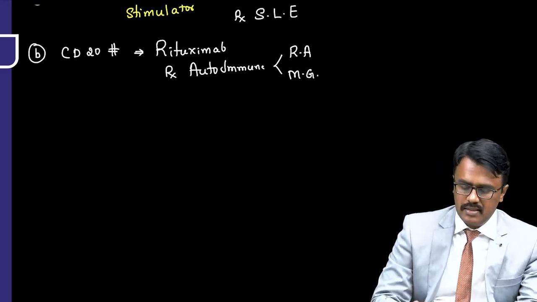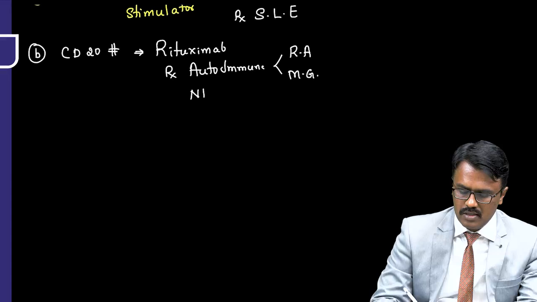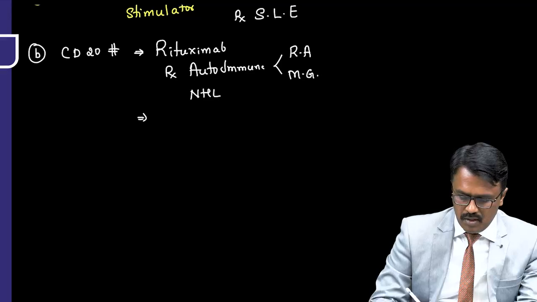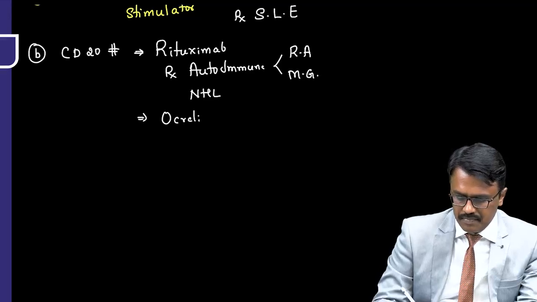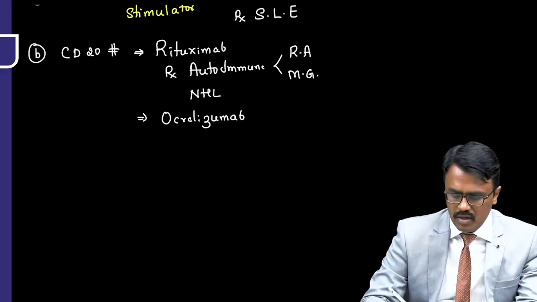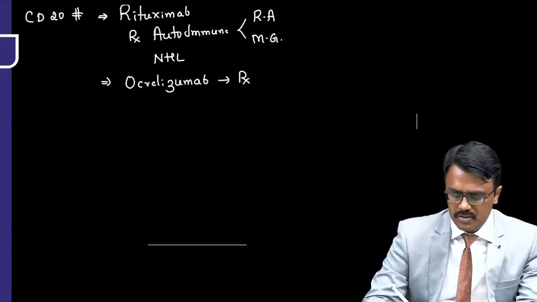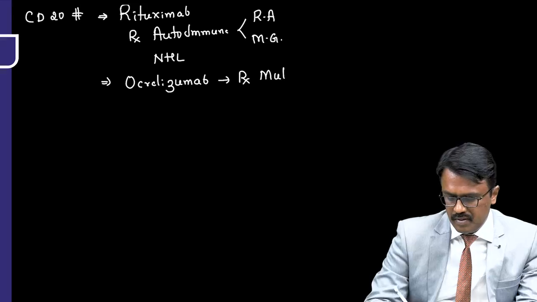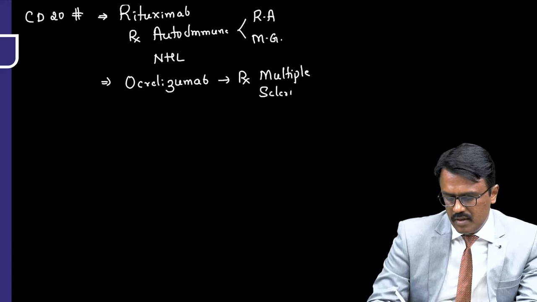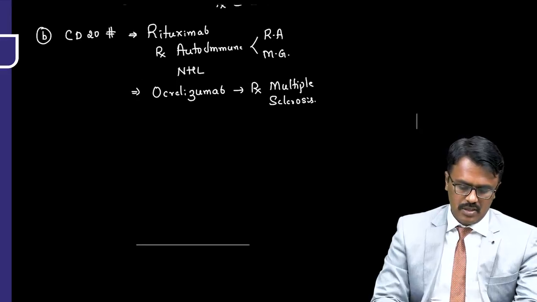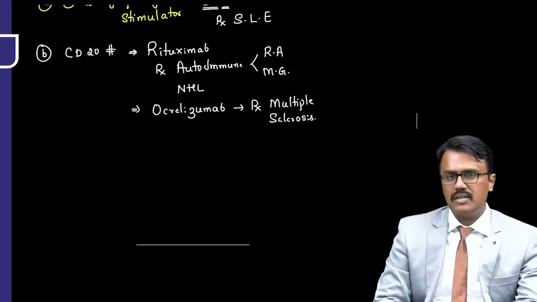It is also used in cancer therapy, that is non-Hodgkin's lymphoma. One more drug, a CD20 blocker, is ocrelizumab. Ocrelizumab is used in the treatment of multiple sclerosis. So this is how we can target the CD factors also.